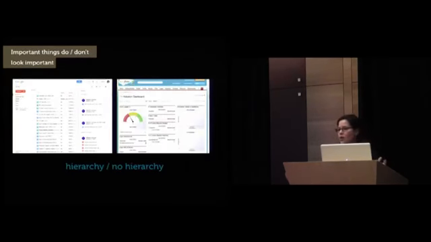The next one is hierarchy, or no hierarchy. I'm sure everybody in this room is familiar with this concept. In the Google screen on the left, we can tell what looks important. The red button draws the eye, and the column in the middle is wider than the other two, but there's still attention being drawn.